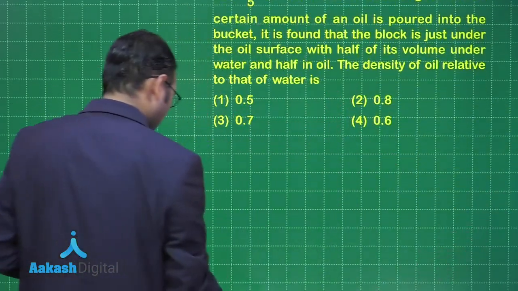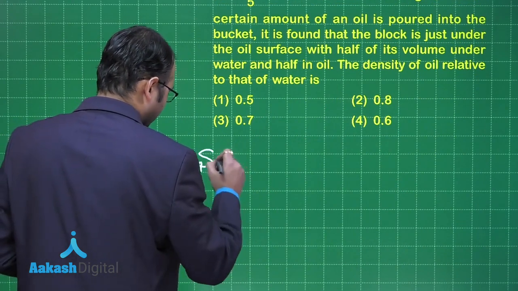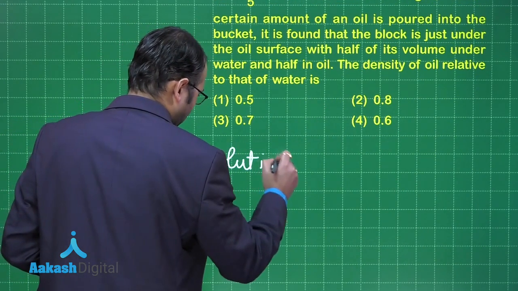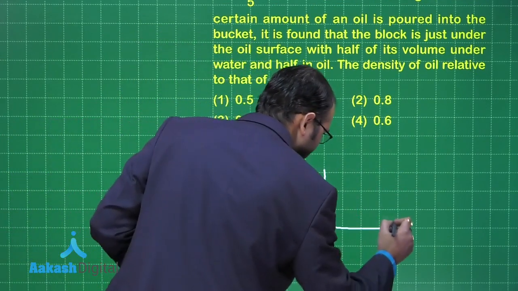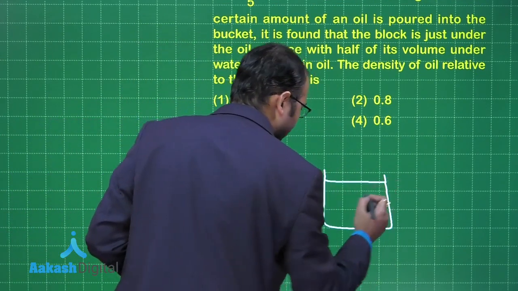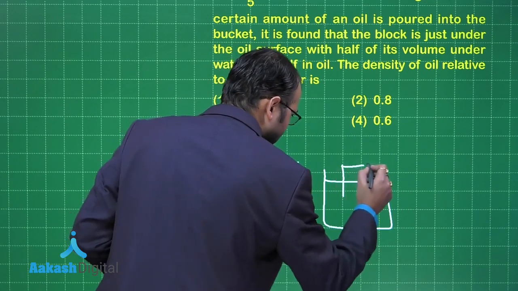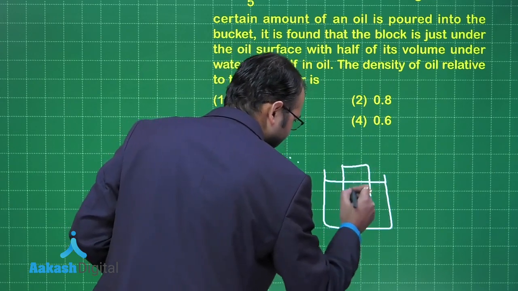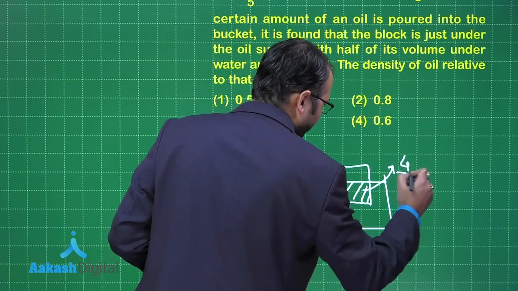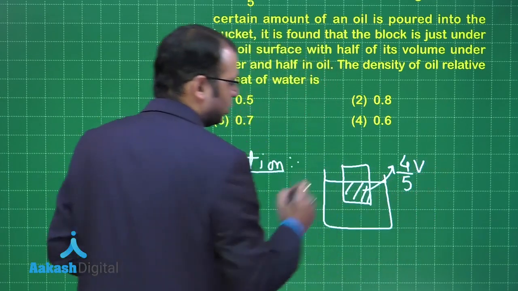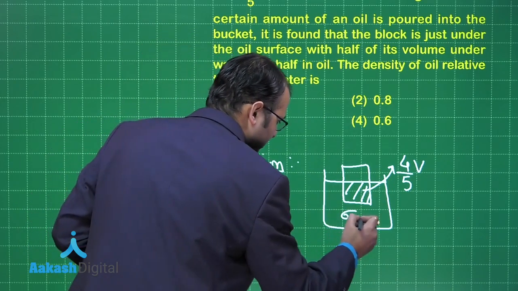So let's start with the solution. Let's understand the case here. So this is the tumbler in which there was water and the block was initially like this. This is the submerged portion. This is 4/5 of the volume of this block and this is water inside, right?